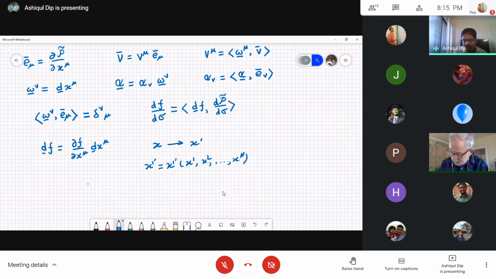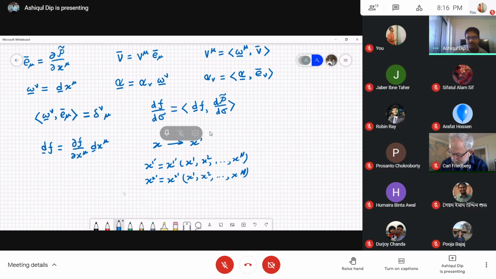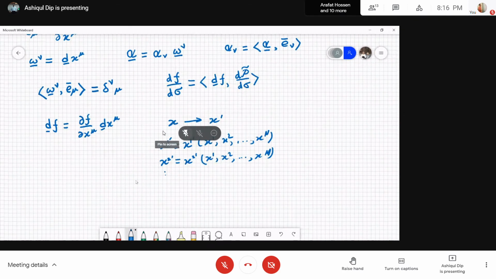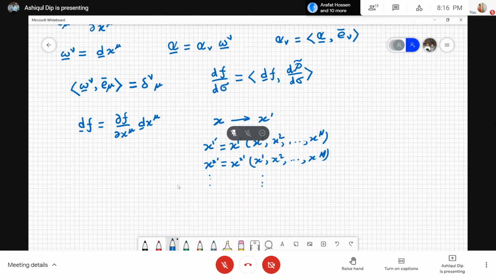And for x2 prime, as we are writing everything in terms of the unprimed coordinates, the older ones, x2 prime is a function of x1, x2 up to xn, and so on. So we should have n transformed coordinates as well.